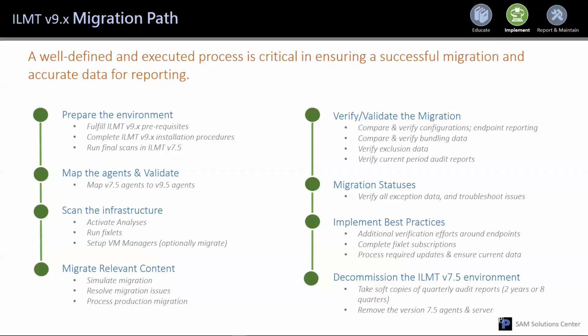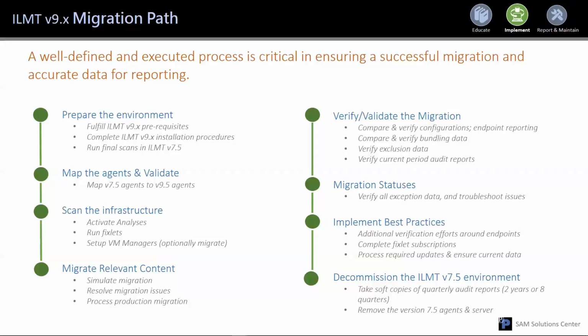At that point, you're going to go out and look at your current 7.5 deployment, validate, and identify all the areas in which we need to deploy the version 9 agents. There is a nice new deployment tool for version 9 that allows you to connect to those different endpoints and redeploy the agents.